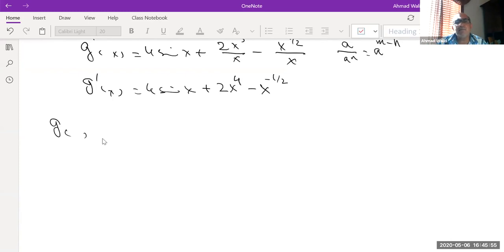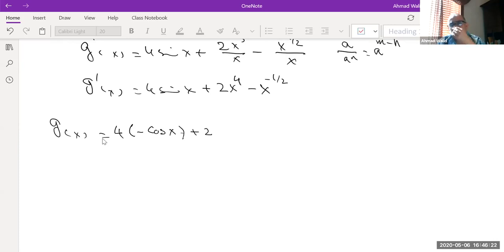Then g of x equals 4 times, what is the antiderivative of sine x? I just gave you a table. The antiderivative of sine x is negative cosine x. Plus 2, apply your formula here. Add 1 to the exponent.